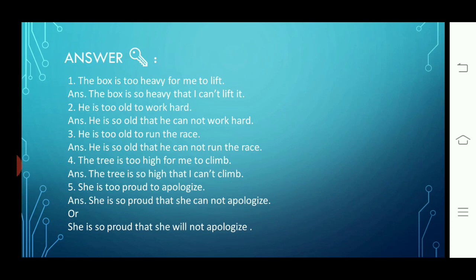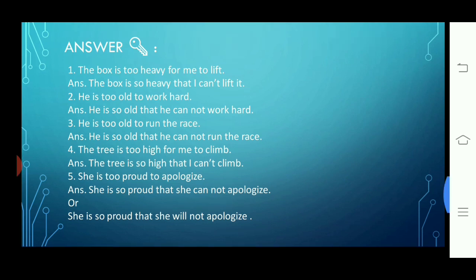So you can just assess yourself by seeing all the answers given in this slide. The last sentence, if you see here in the answer, we have used again will. If you are using can, it is also okay. If you are using will, that is again okay.